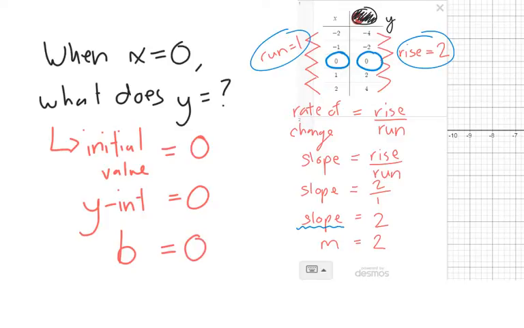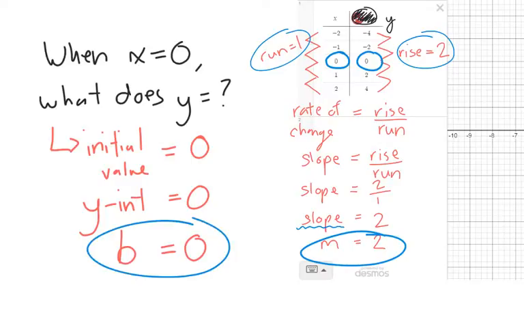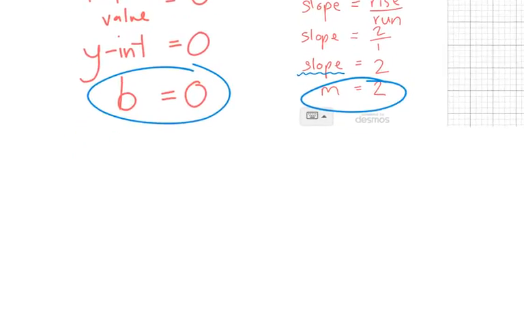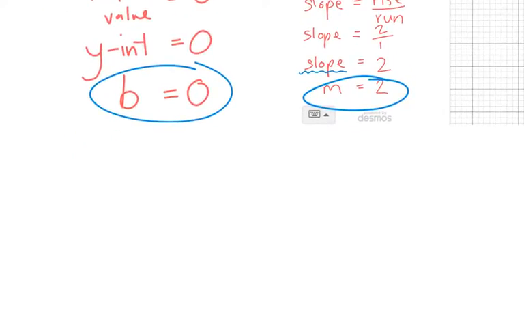Now that we've figured out what the slope is equal to and what the y-intercept is equal to, we can go ahead and create the equation of this line. If you recall, the general equation for a line in slope-intercept form is y equals mx plus b.